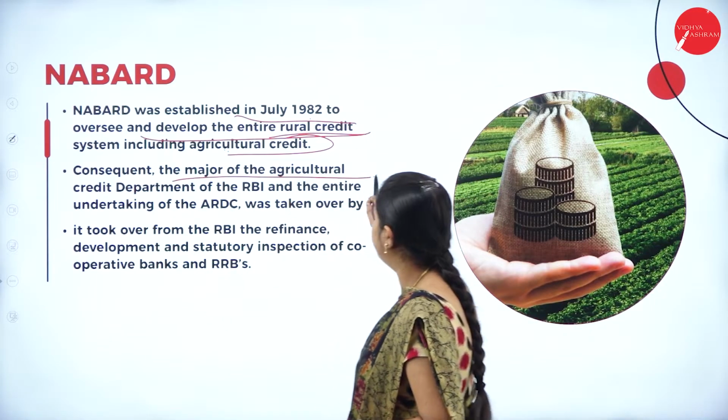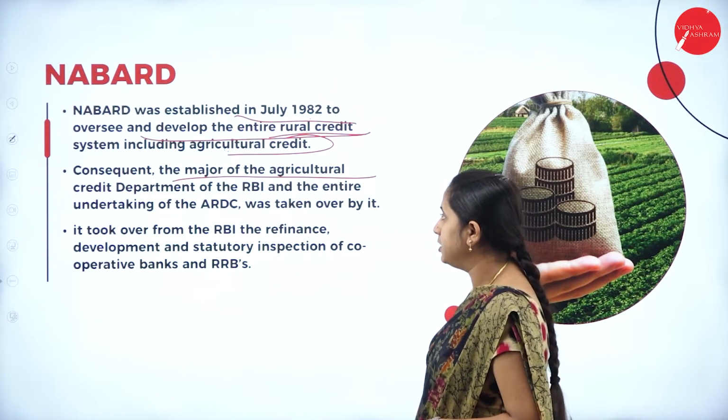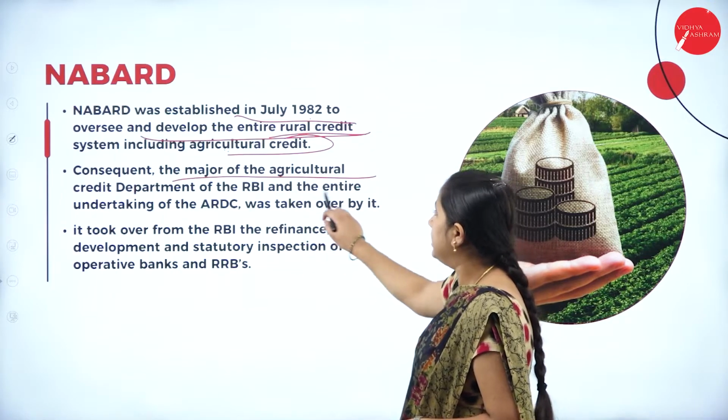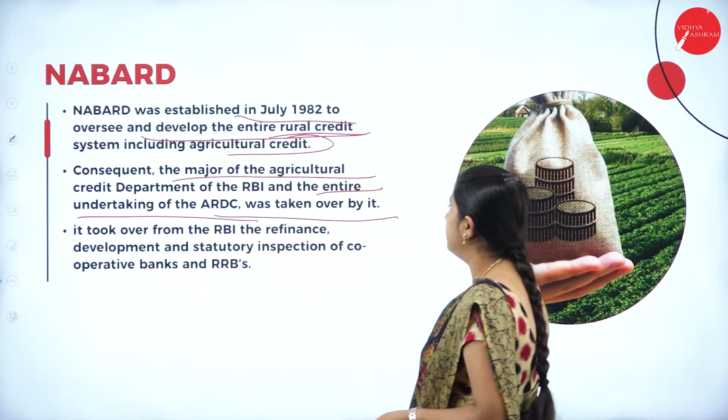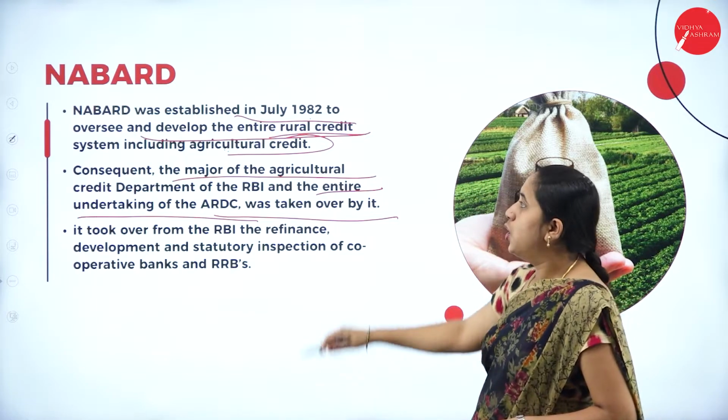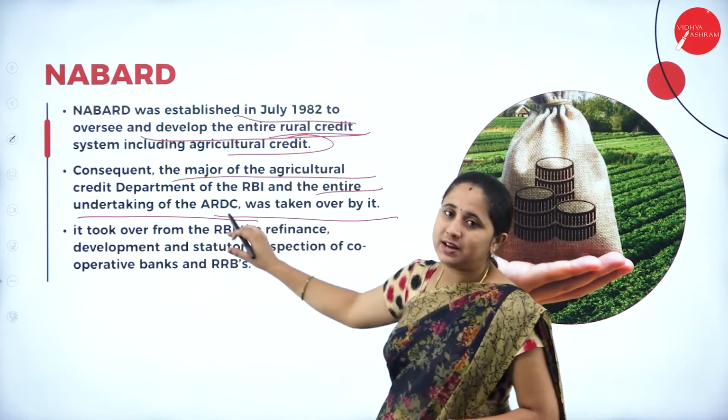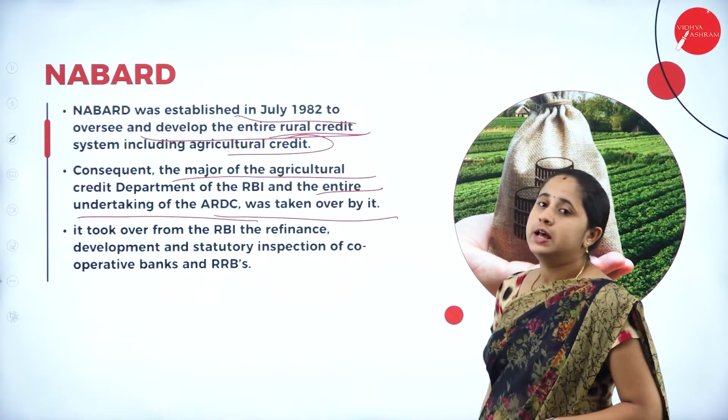The major part of the agricultural credit department of RBI and the entire undertaking of the ARDC was taken over by it. So, overall agricultural and rural development is taken over by NABARD.